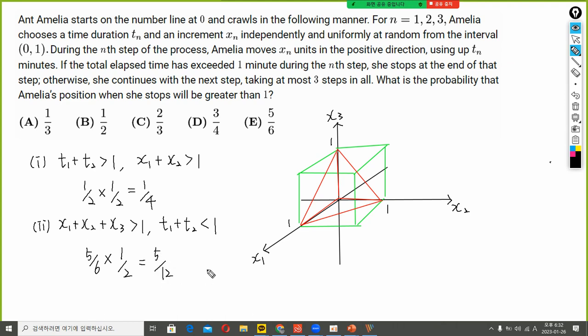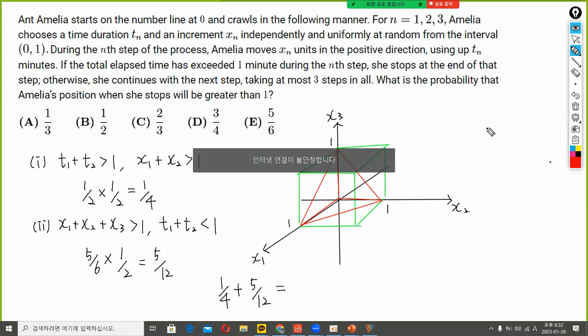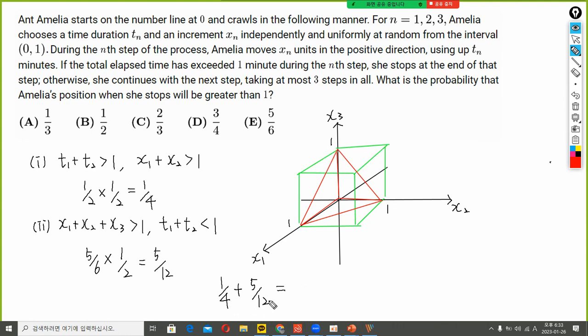So when you add these two probabilities, what's the total probability? Yep, yep. So the answer is C.